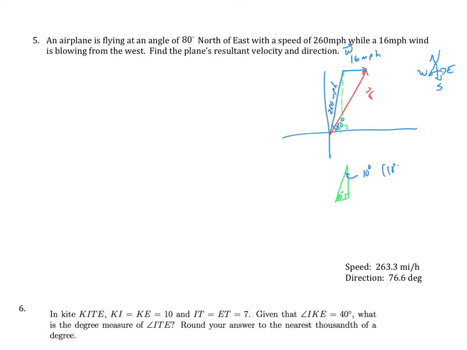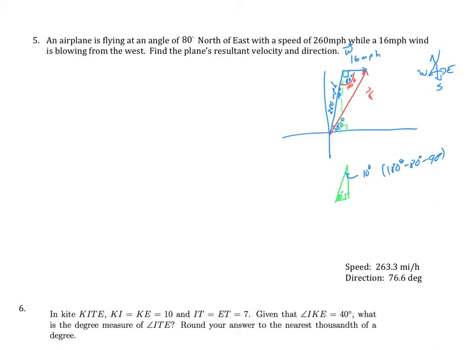Because it's 180 degrees minus 80 degrees minus 90 degrees. So that 10 degrees corresponds with this small angle right here. And I also know that this is a right angle, so this is 90 degrees. Now the angle within the triangle that we want is actually going to be 100 degrees.